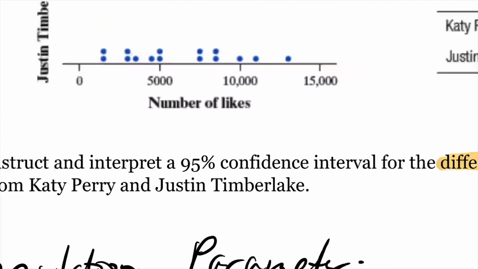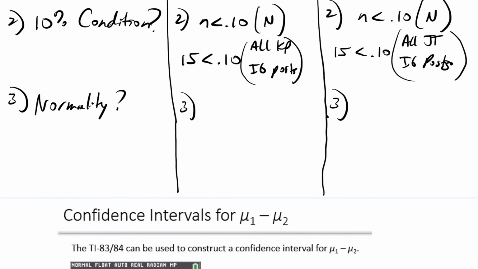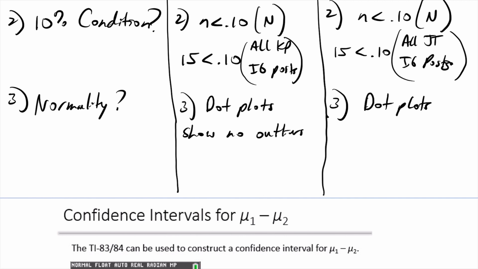But it's not big enough to be considered an outlier. Okay. So we would say dot plots show no outliers. Or no outliers appear present. That's probably a better way because we're not actually calculating it. So dot plots appear to have no outliers. That would probably be a better way to put it.